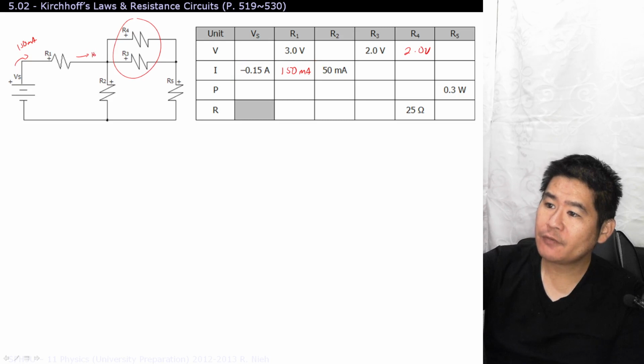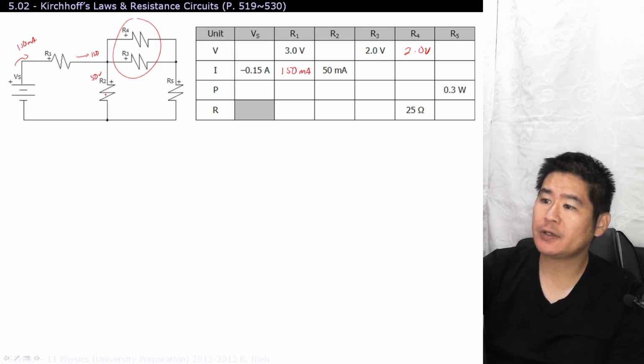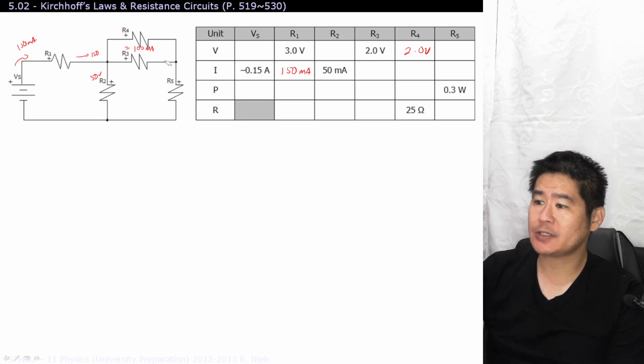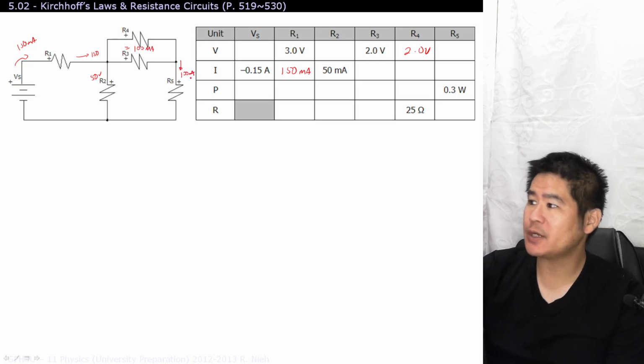So if you have 150 going through here, and R2 has 50 of it going down here, that means that between R3 and R4, that must equal a total of 100 milliamperes. How many is going through each one? Well, that we don't know yet, but we know that when we get through here, this would be 100 milliamperes as well.